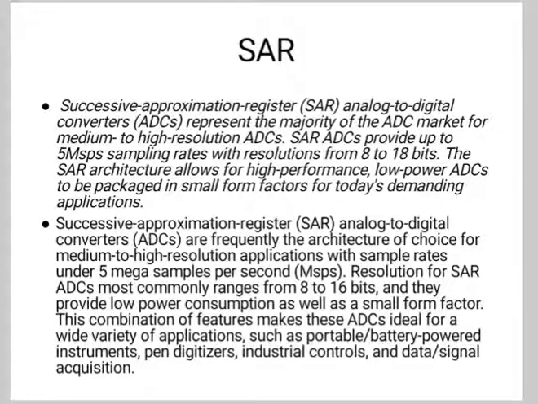The SAR architecture allows for high performance, low power ADCs to be packaged in small form factors for today's demanding applications. SAR ADCs are frequently the architecture of choice for medium to high resolution applications with sample rates under 5 mega samples per second.